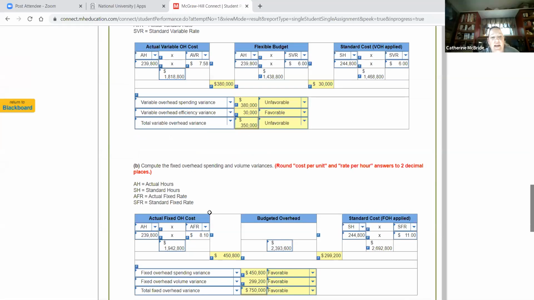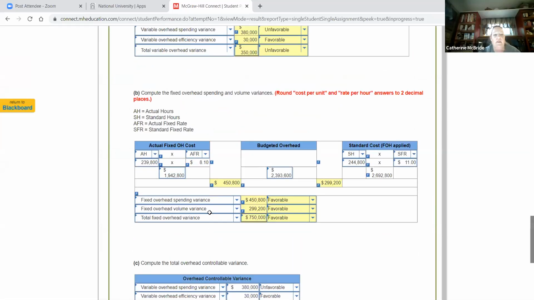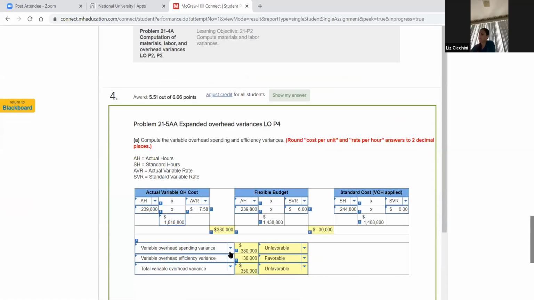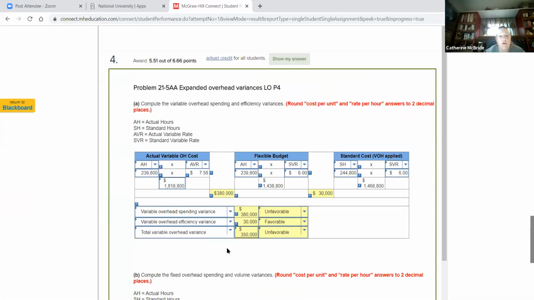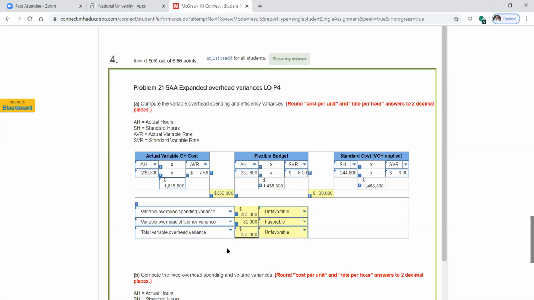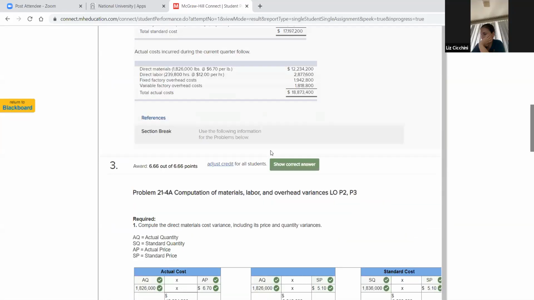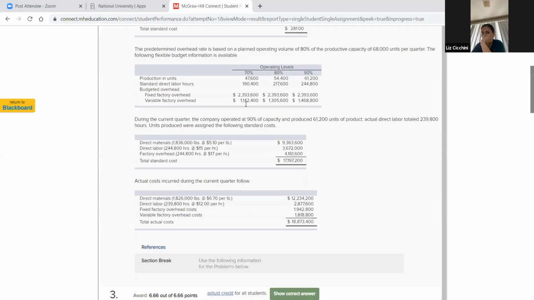I forgot what I'm finding. This is why you have to write things down. I would print these out. I'm looking for variable overhead.